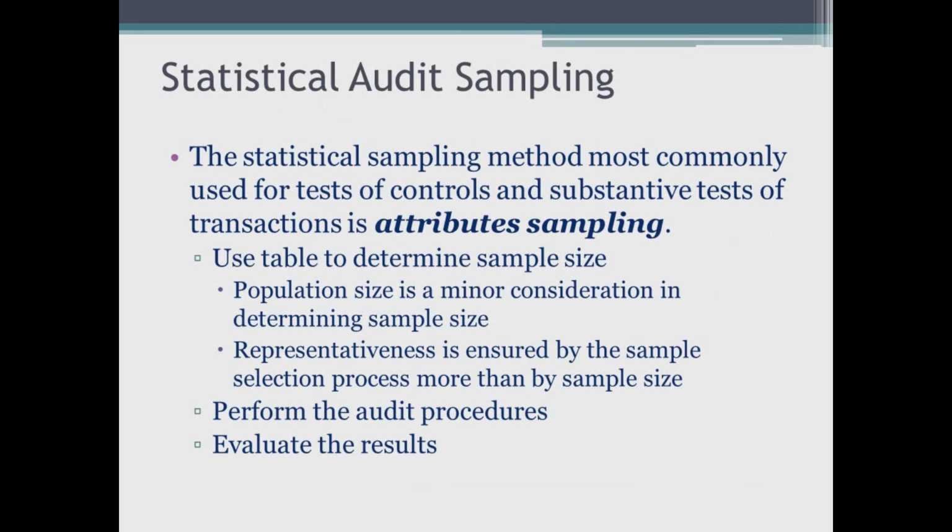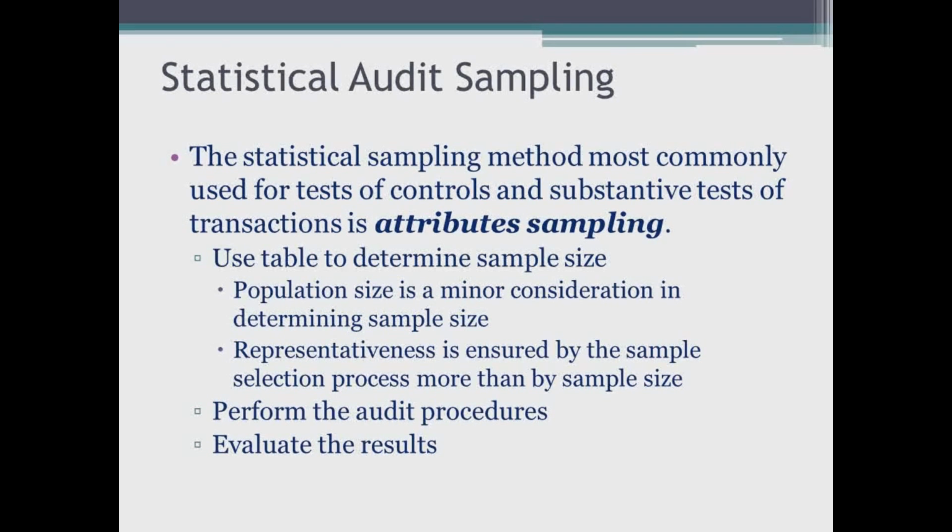Just to talk a bit about statistical audit sampling. Usually when we talk about statistical audit sampling, what you'll see is attribute sampling. That's probably the most common. And again, I want to qualify that you could have two different firms doing two different approaches.